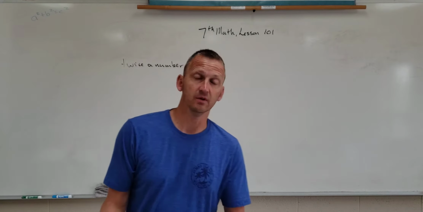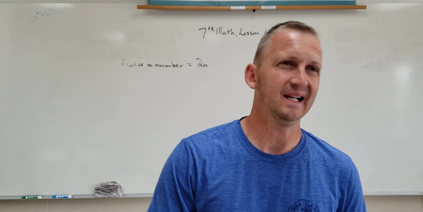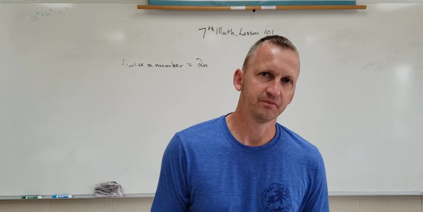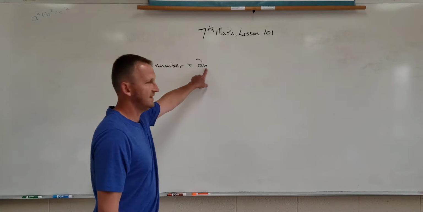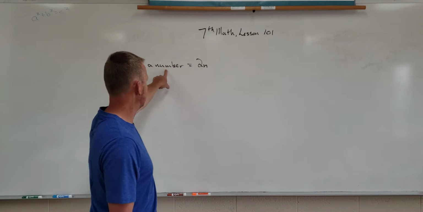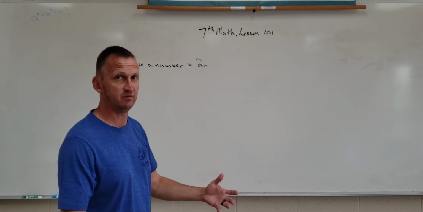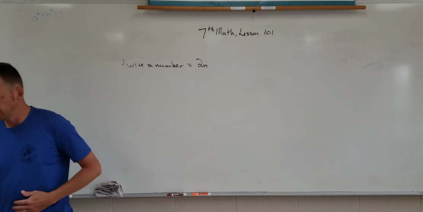So twice a number would be like some of our word problems that say Abby has twice as many apples as Max. That means she has 2 times as many. And N simply represents a number that we don't know. It's a variable, just like we have been working with. So twice a number, 2N.